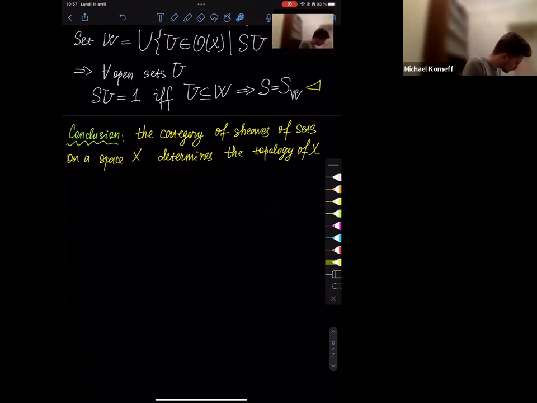And now I want to discuss germs and an interesting statement which says that every sheaf on X can be regarded as a sheaf of cross sections of some bundle.